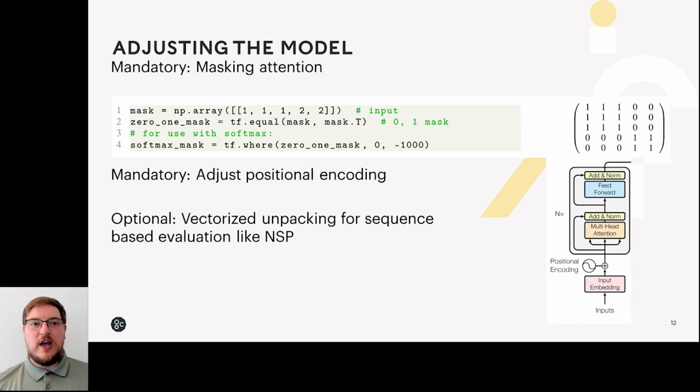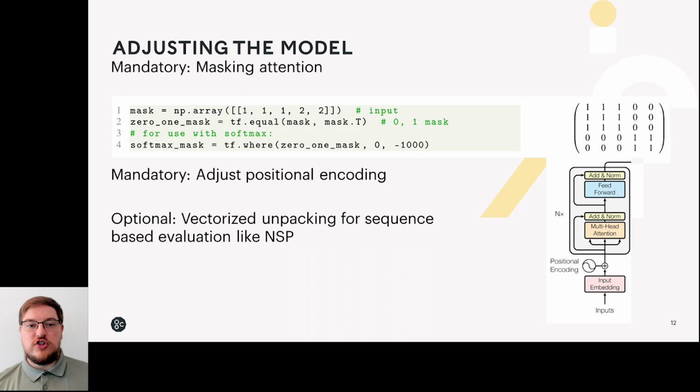Next, we have to adjust the model. The mandatory part of the adjustment is that we have to adjust the masking. So instead of masking out only the padding tokens, we avoid in our masking approach that different sequences can attend to each other.